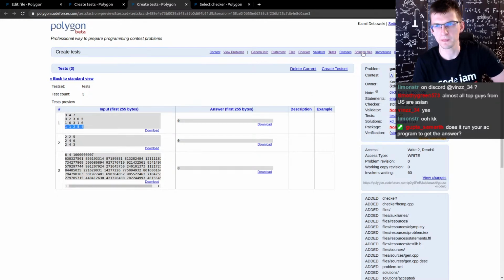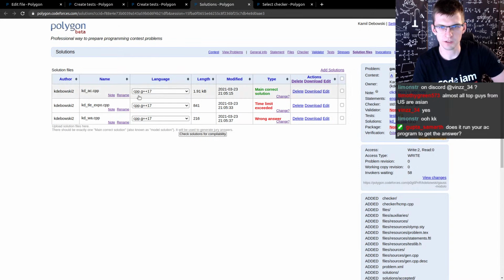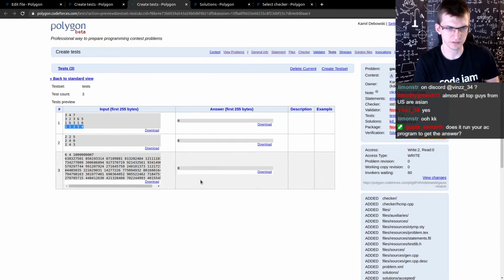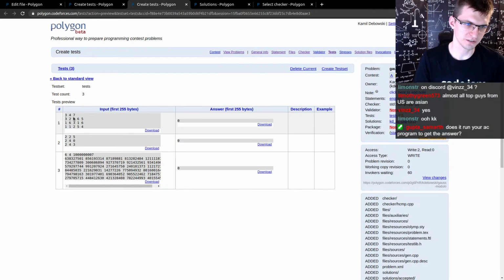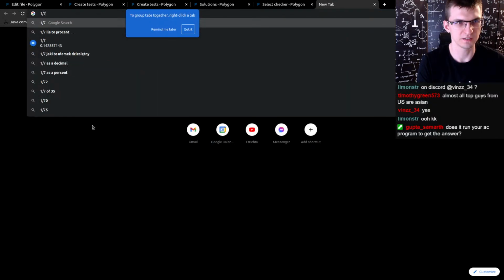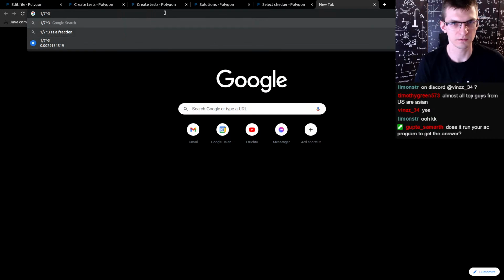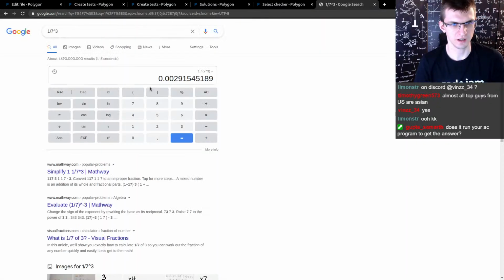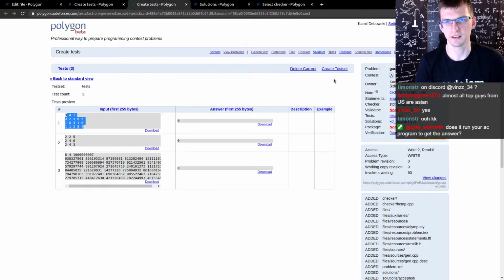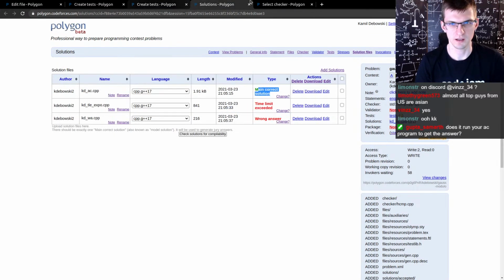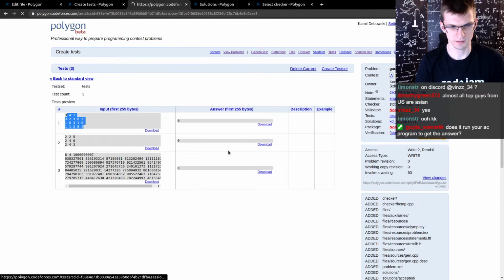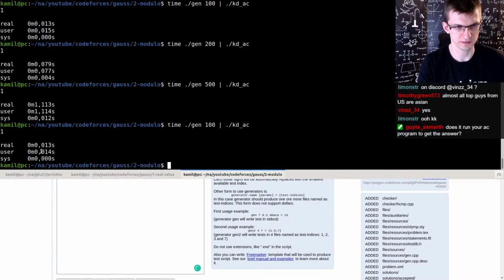Yes, it runs so in solutions, one program is marked main correct solution. Then in tests, this one is used to generate outputs. And I think here we got something with this probability, 2/3, or at least around that, which is 0.3%. I want to actually confirm it because I'm very surprised about what happened. So let's get test. I generated it like this. And I can try different seeds.